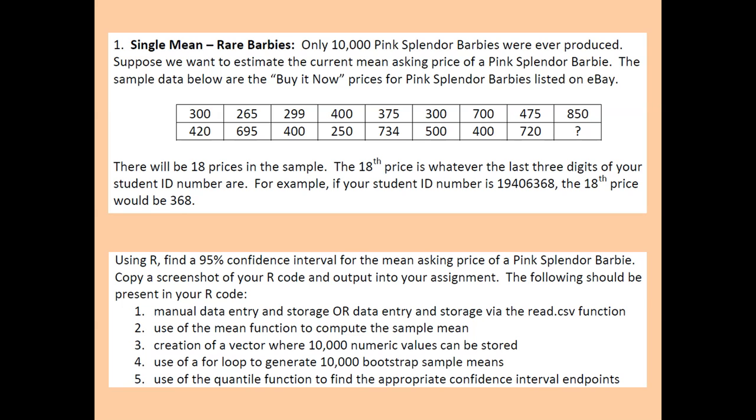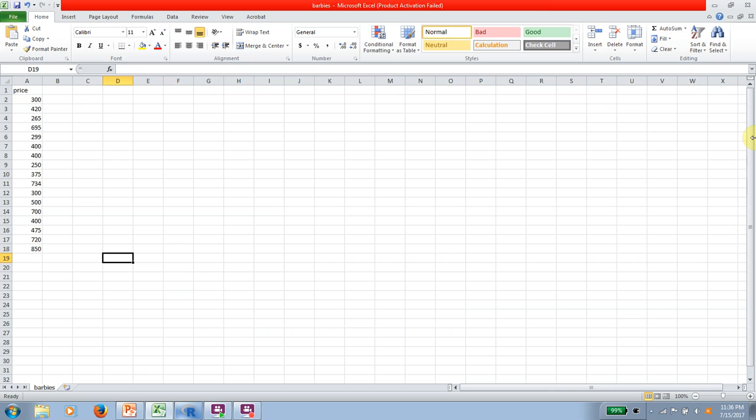There are a couple of options for the data entry. You could do manual entry where you use the combine function and type all the numbers individually, or you could use read.csv. I would strongly suggest that you use read.csv. It's less work and it's hard to make a typing error. You need to save the Barbie's CSV file on your hard drive somewhere.